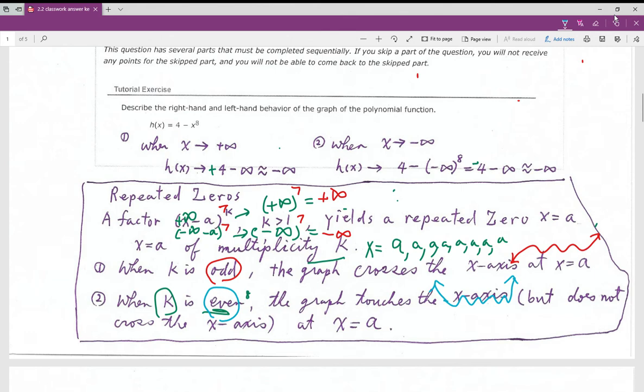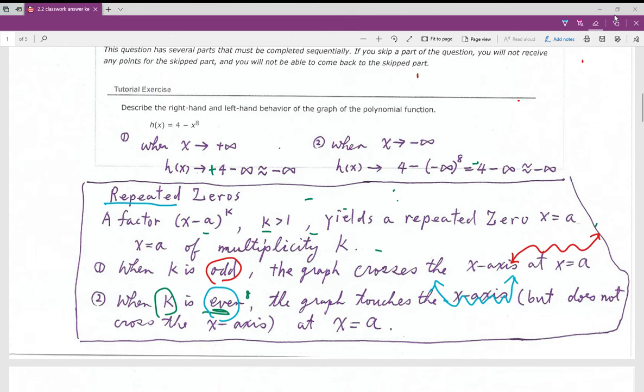After number 1, I give you more information. We call this repeated zeros. Okay, repeated zero. Let me erase those marks. So when you have repeated zero, then you may have a, oh, okay, I graphed it wrong. Why did I graph it wrong?